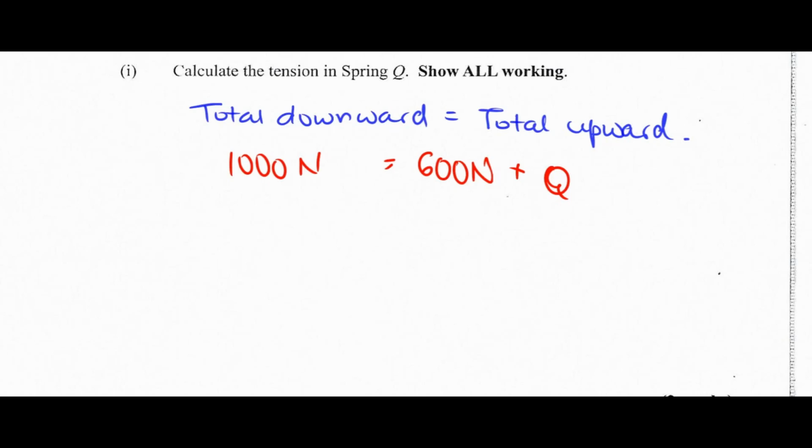So if I write 600 newtons, in order to get rid of it on this side, seeing that it's positive 600, I would have to subtract 600 newtons, right?